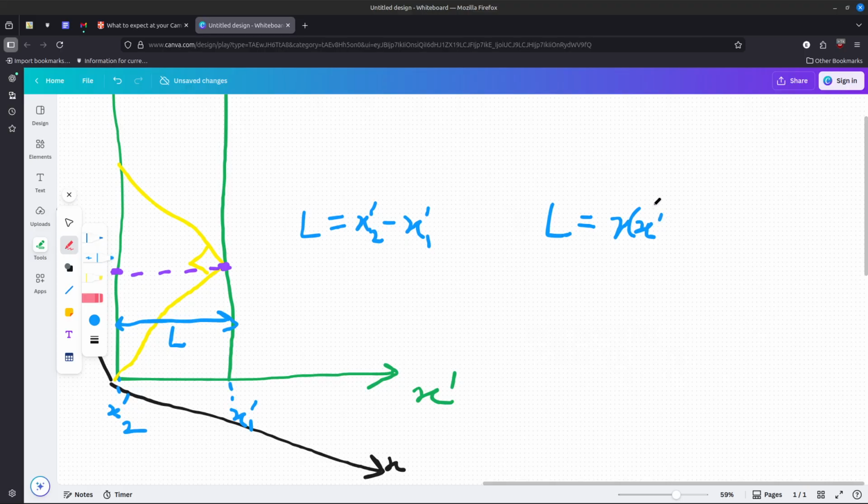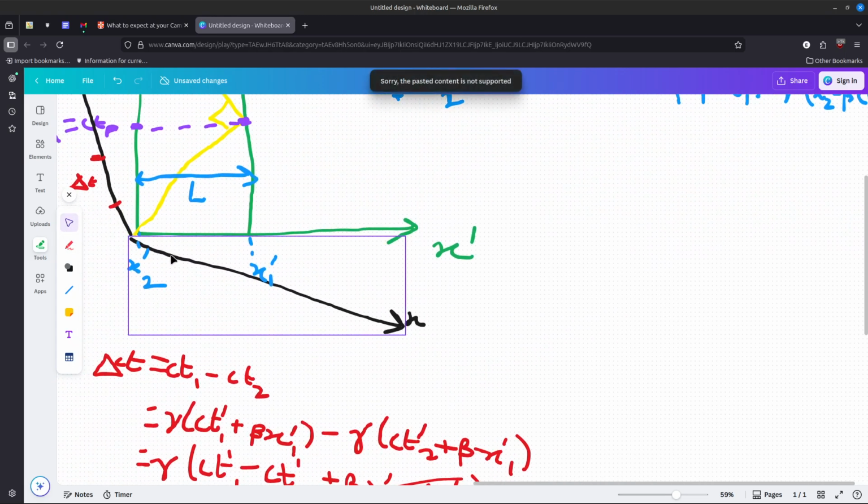So x prime equals gamma times x minus beta ct. I did all of that changing only to end up writing it wrong in the end. Lovely. It's x1 minus x2. So gamma times x1 minus beta ct1, minus gamma times x2 minus beta ct2.